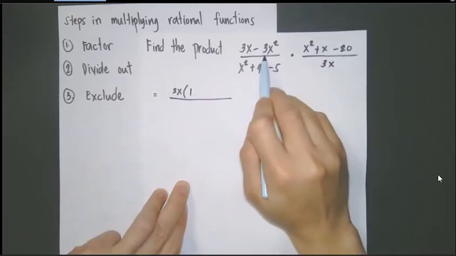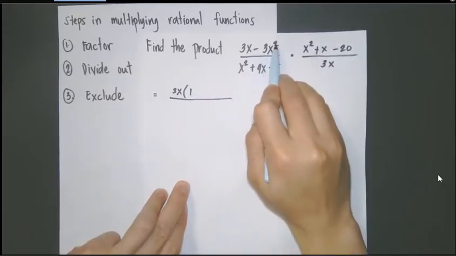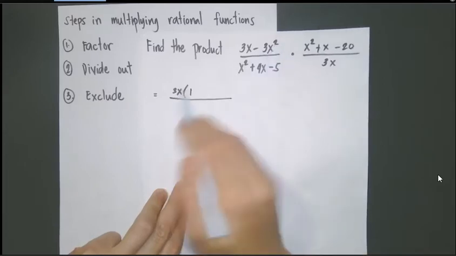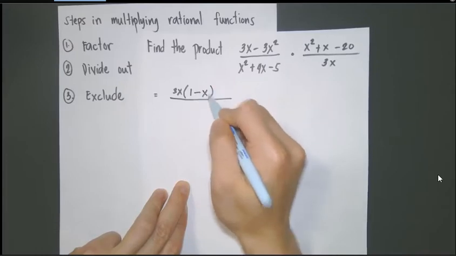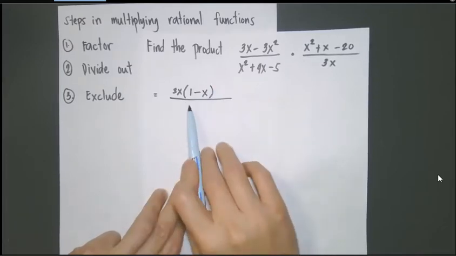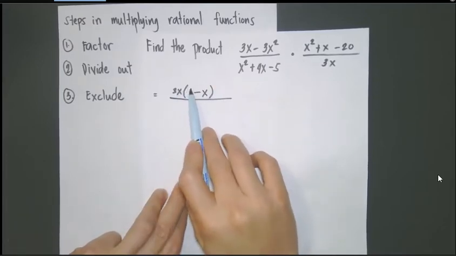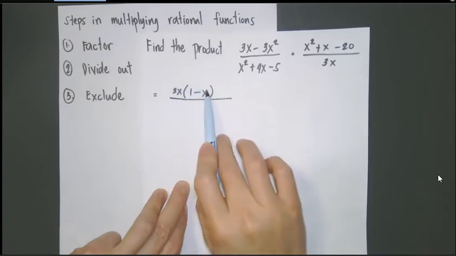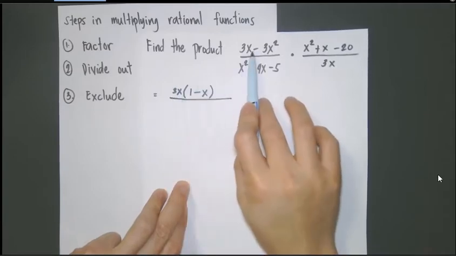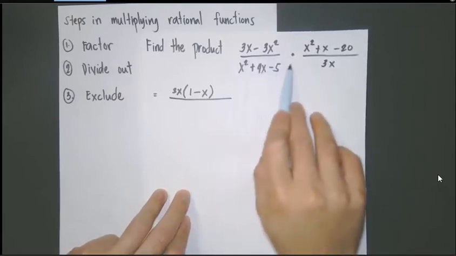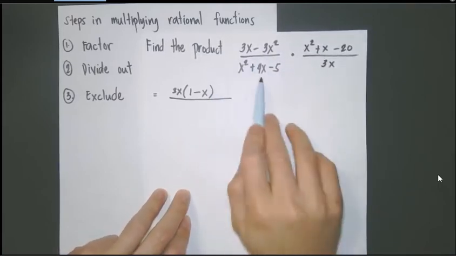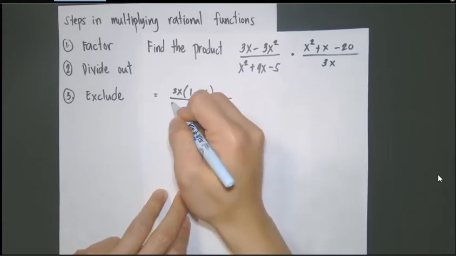Now what is negative 3x squared divided by 3x? That will give us negative x. If you want to double check your answer, you would use the distributive property and you should end up with 3x minus 3x squared.